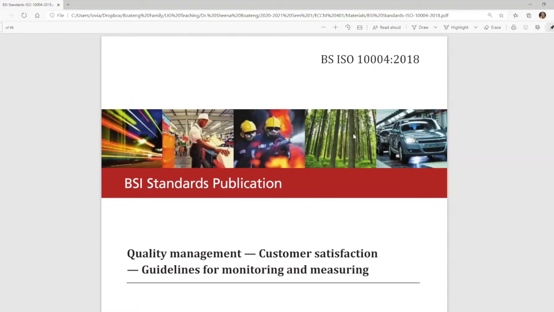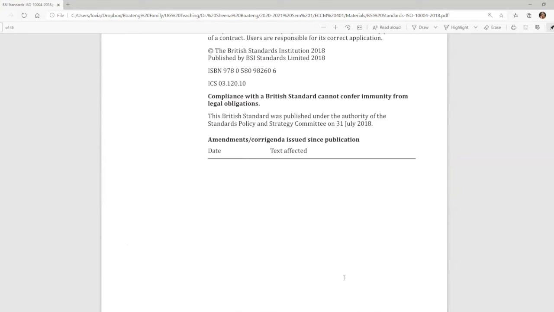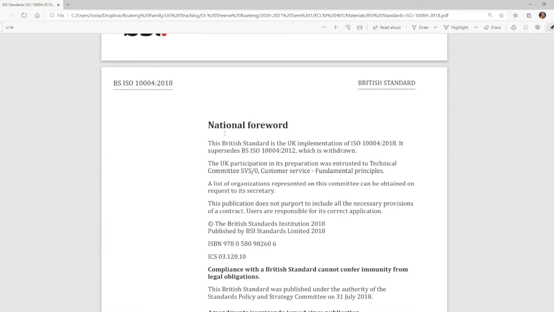And this is their publication on the ISO 10004/2018, which is the guidelines for monitoring and measuring customer satisfaction. Now, when we take the document, they give us a foreword telling us that this British standard is the UK implementation of ISO 10004/2018. And they said it supersedes BS ISO 10004/2012, which is withdrawn, right?